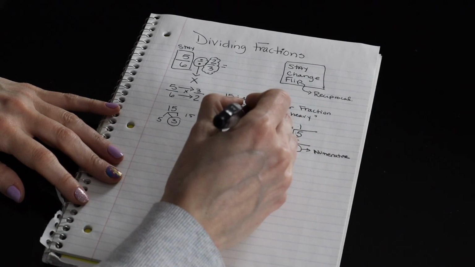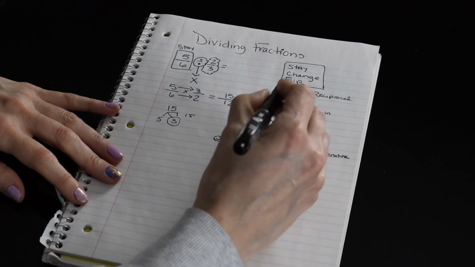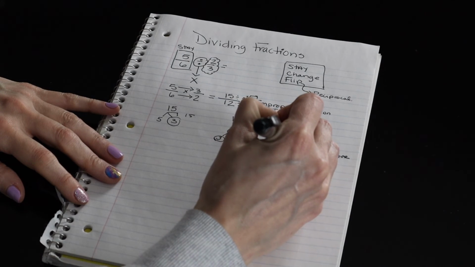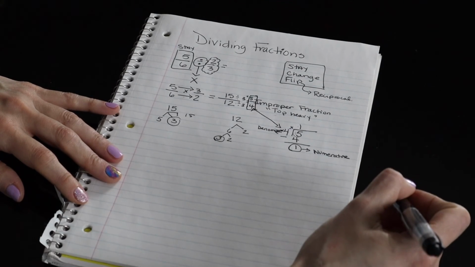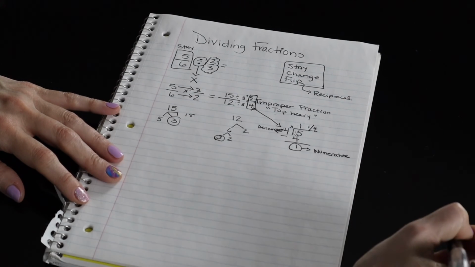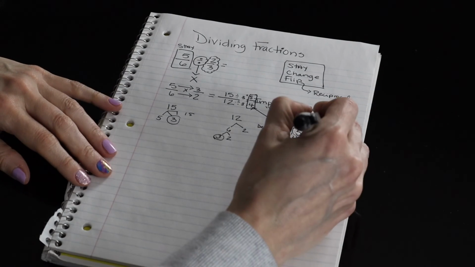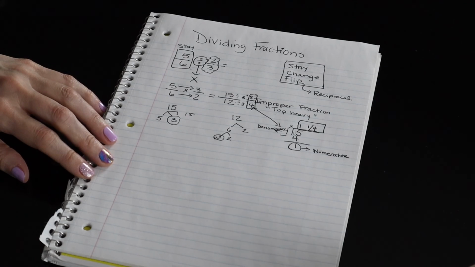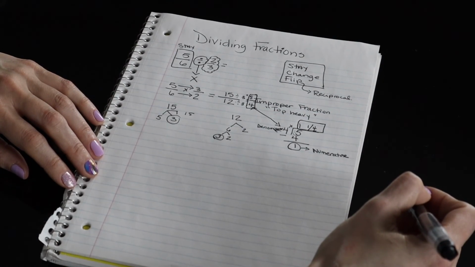My denominator stays the same. So I'm now going to write this remainder as a fraction. 1 over 4. So what is my final answer to this division problem? 1 and 1/4. That is my final answer to that.